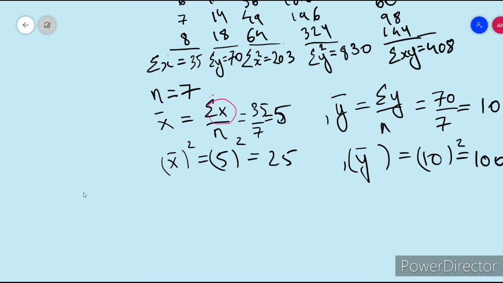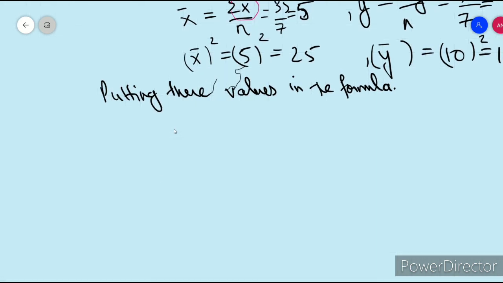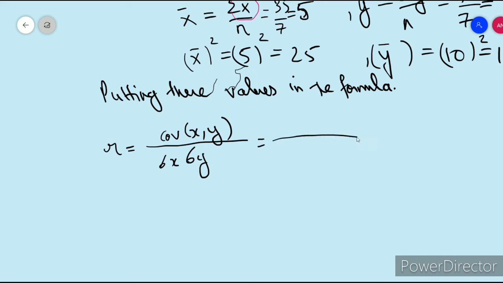So we just put these values in the formula. Karl Pearson's correlation coefficient is the covariance of x and y over the standard deviation of x times the standard deviation of y, which can be represented as this.